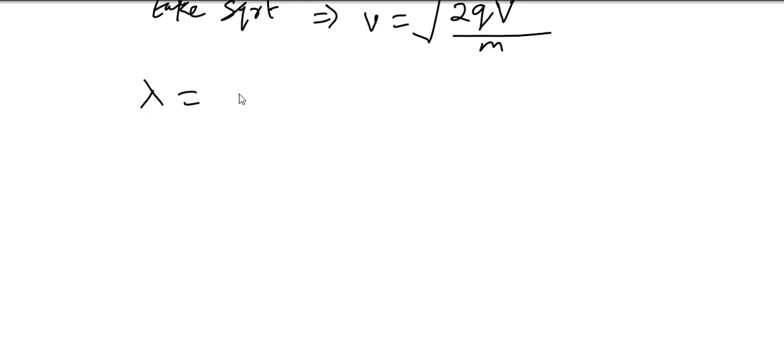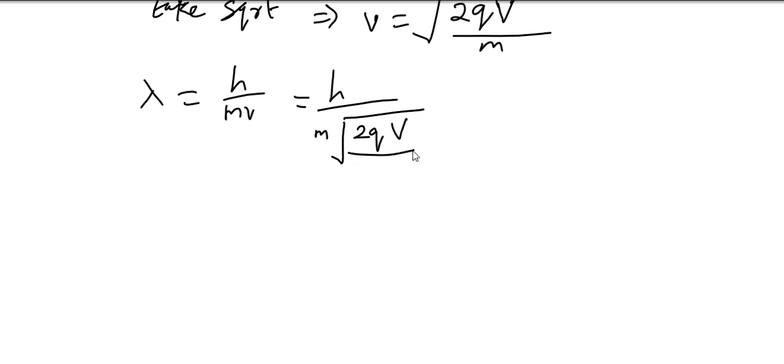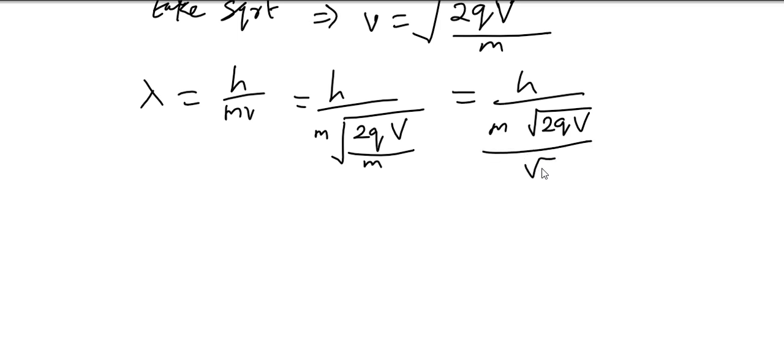So now substitute this equation in the de Broglie wavelength. Lambda is equal to h by mv is equal to h by m into square root of 2qV divided by m. You can separate the m out of the root and you can write it as h by m into root of 2qV whole divided by root m.